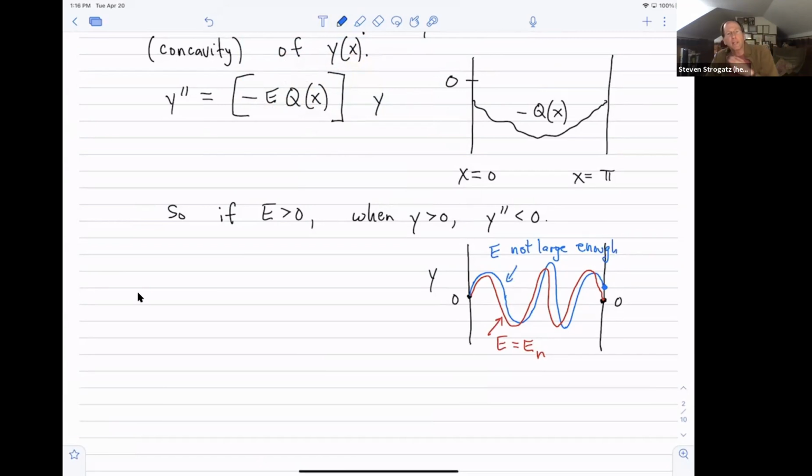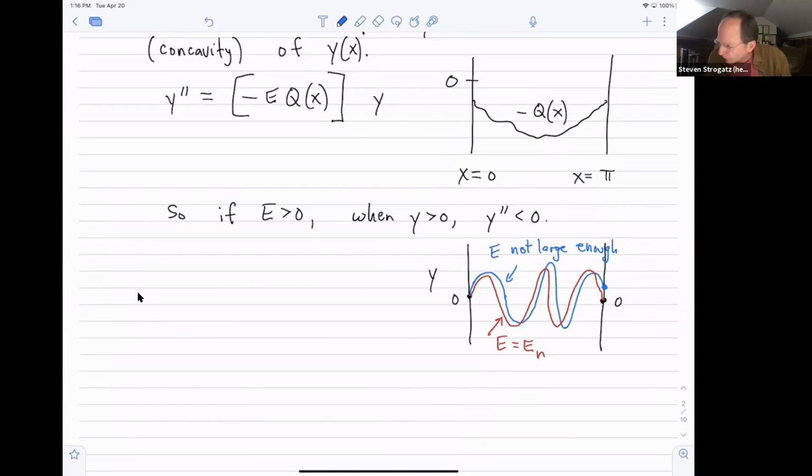So anyway, I want to give you that intuition that you expect a discrete set of E's to work. And the reason it's discrete is because you're going to get a certain integer number of wiggles before you hit the boundary condition. So it really is kind of like what your high school physics teacher may have told you, that a deep reason why things get quantized is because of standing waves, because of the conditions needed to put an integer number of wiggles, or actually a natural number of wiggles, in a standing wave.